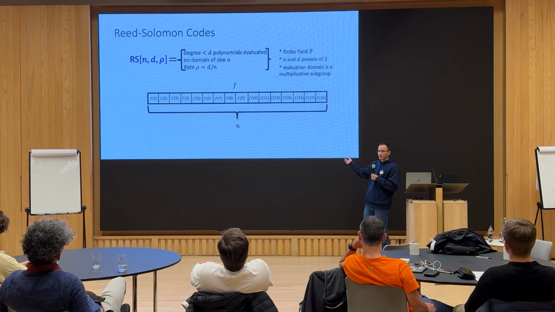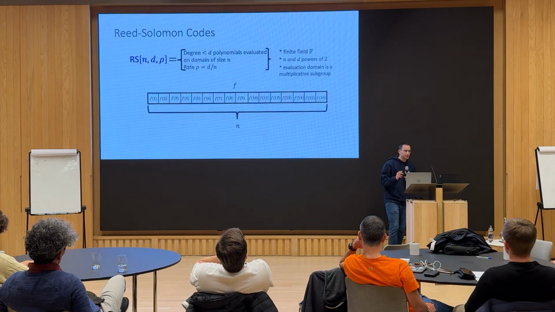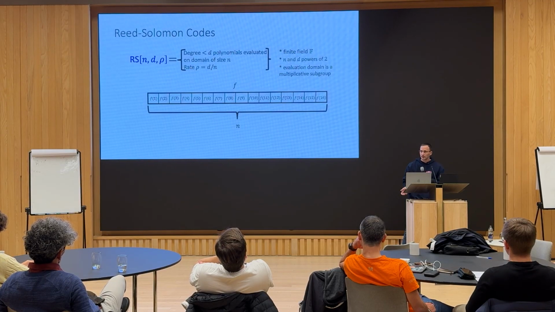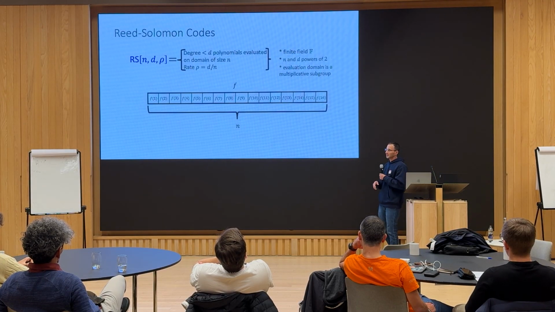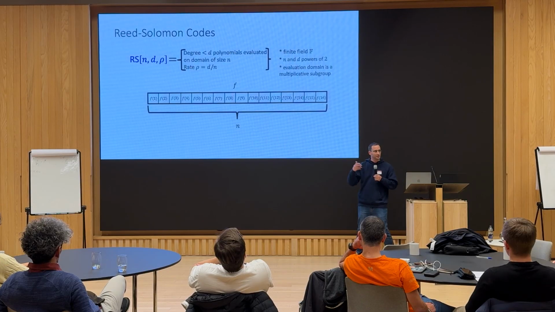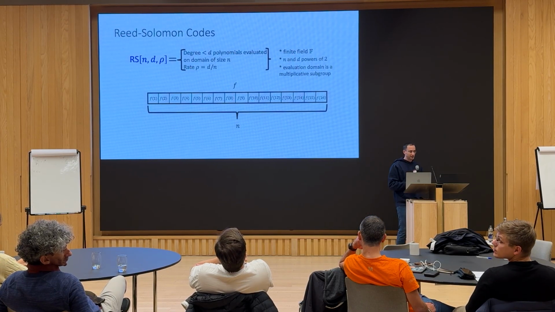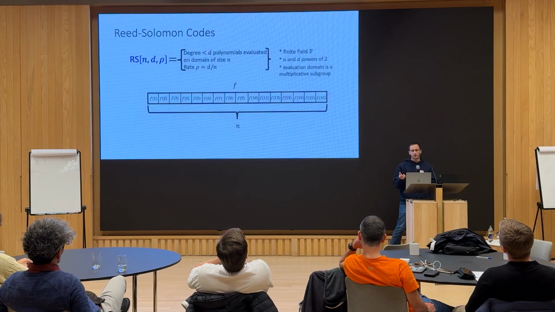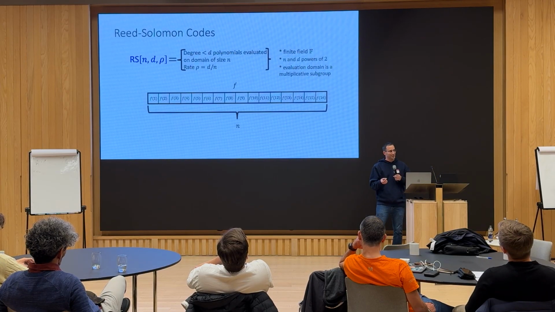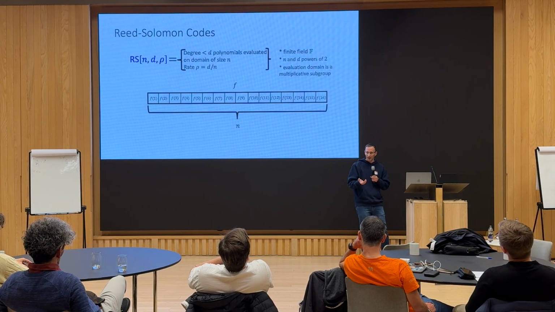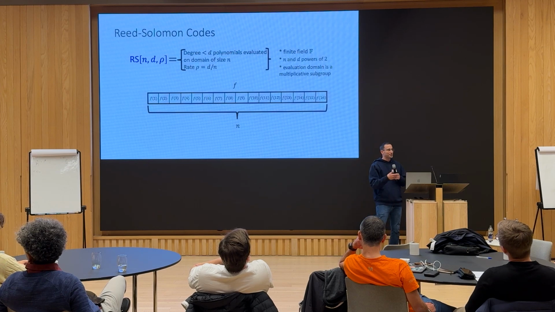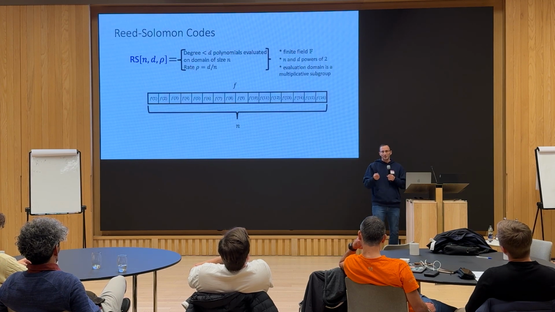When the domain is bigger, the rate becomes smaller. You have more redundancy, but that makes it better for the verifier because it's easier for him to catch bugs. I never know if a smaller rate is good or bad. For coding people, a small rate is bad because it's more redundancy. For crypto people, it's good: you have fewer queries, right?